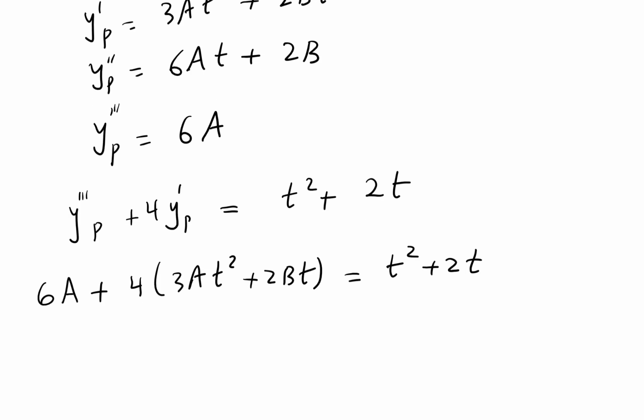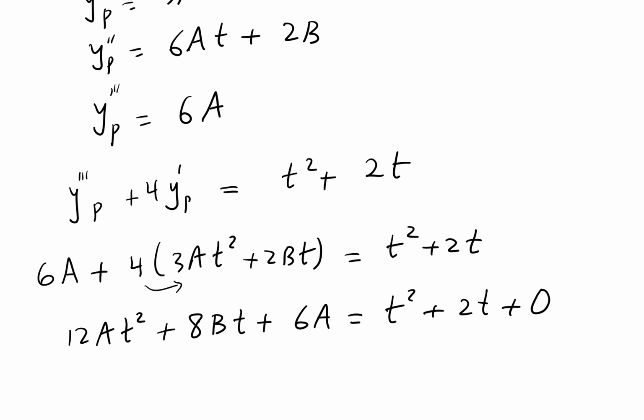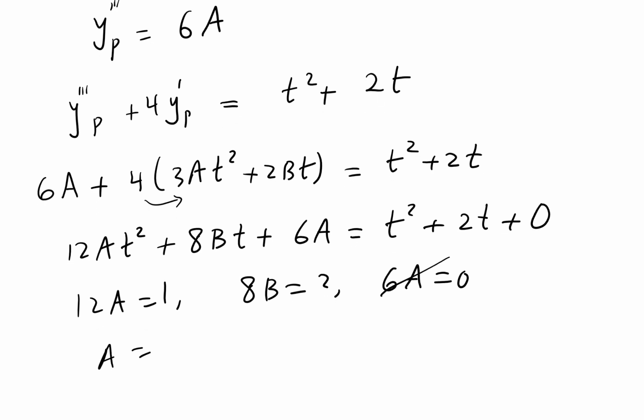Then we multiply this out, you get 12at² + 8bt + 6a equals t² + 2t + 0. Now we compare coefficients: 12a is 1, 8b is 2, and 6a is 0 at the end, but that 6a doesn't do anything. So a here is 1/12, b is 1/4. Now how about the c?